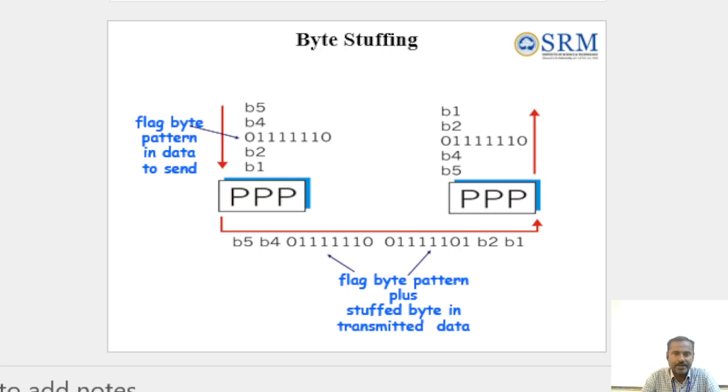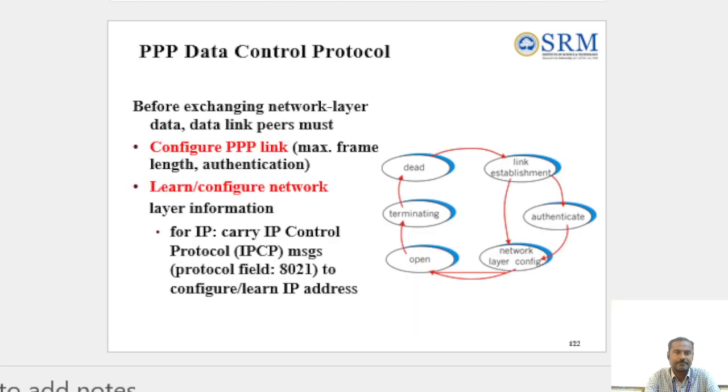All the bytes will go to the receiver end, but we'll be adding an extra byte, called byte stuffing, while sending the data to the destination. At the destination, this stuffed byte will be taken out and the original data will be received at the other end. This is called byte stuffing.